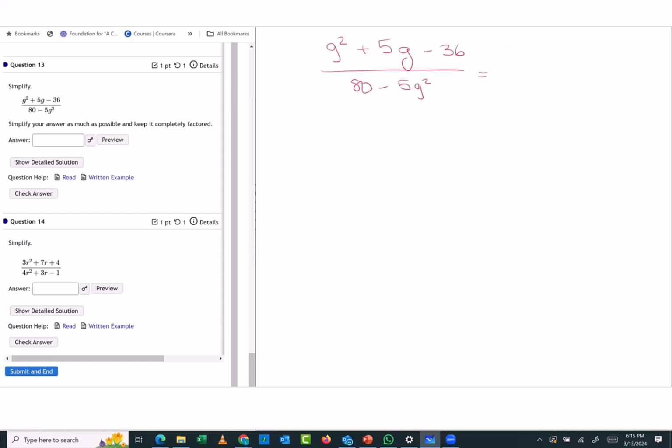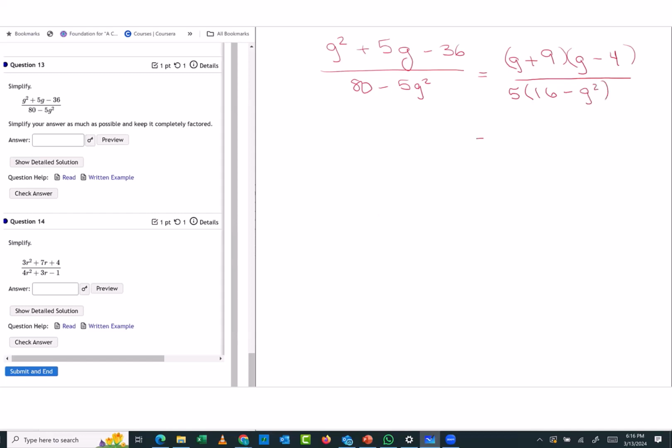If I factor the numerator, I get g, and 36 is 9 times 4, and those are 5 apart. That means I have plus 9 minus 4 divided by, now in the denominator, I first have to factor out my greatest common factor. And when I do that, I get 16 minus g squared.